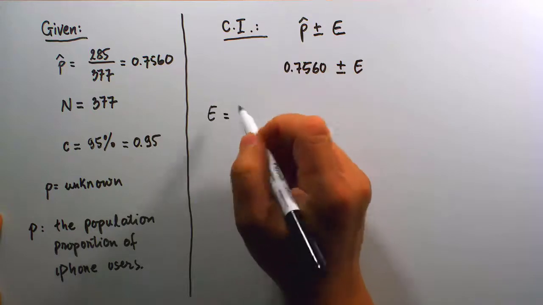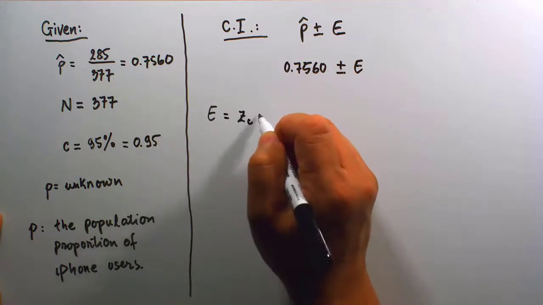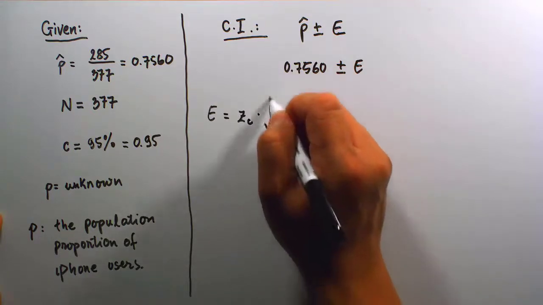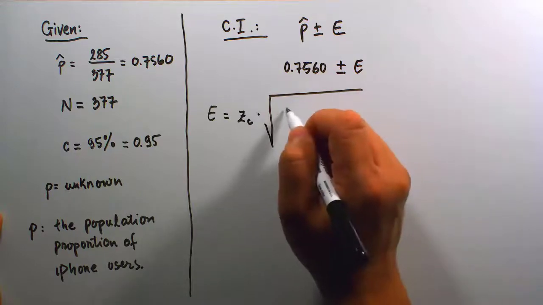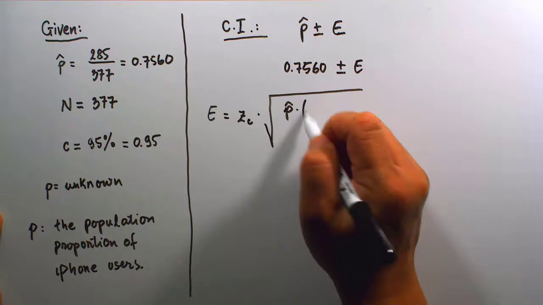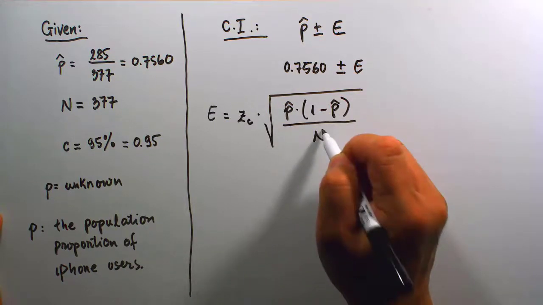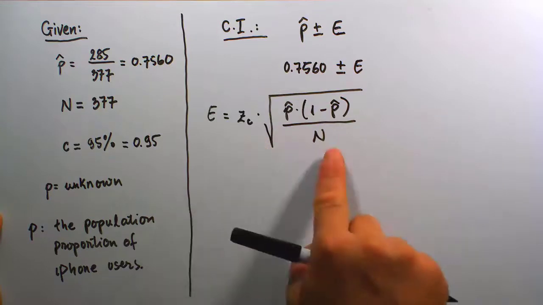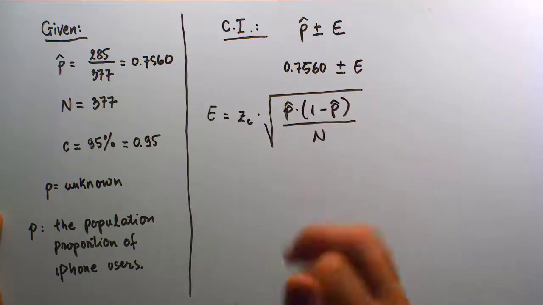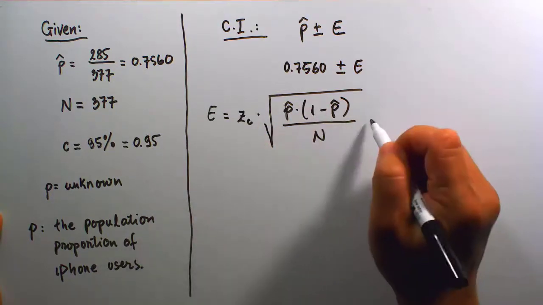Once again, we multiply z sub c with a square root expression. Inside the square root, we use our given p hat multiplied by 1 minus p hat, divided by the sample size. All of this information is already available, so we're now just plugging things in.